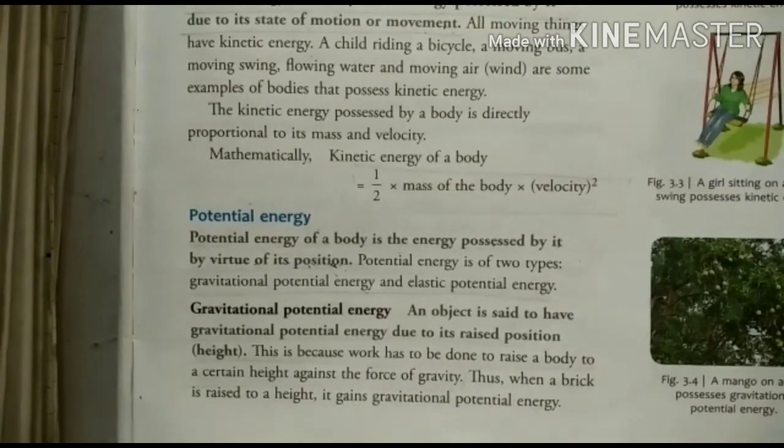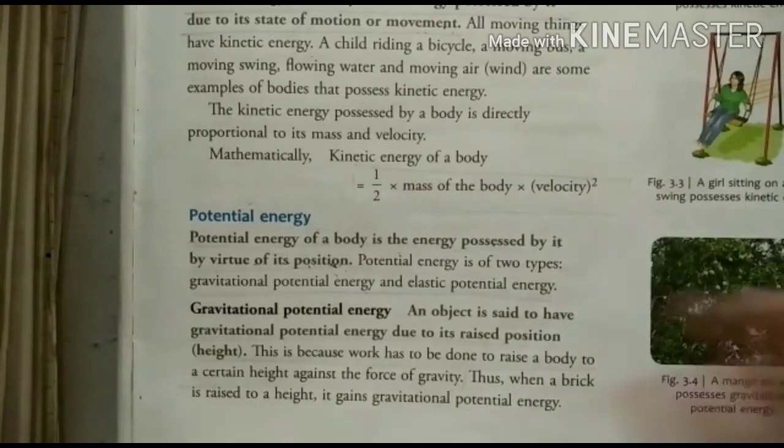Means the work is done against the force of gravity to raise an object. Force of gravity is the force exerted by the earth to pull any object towards its center.